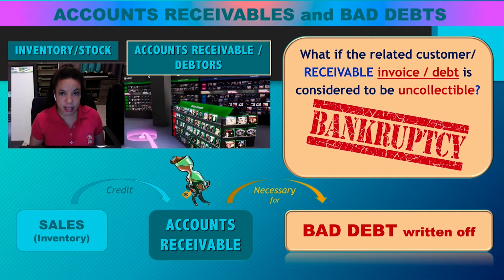So for a business, the business will weigh the cost and the benefits, and it might be wasting their valuable time and resources going after that debt, especially if the debtor or receivable is bankrupt. Now, another thing, when we say that a receivable is bankrupt, this is a legal thing. Not just anybody can come and say, hey, I can't give you your money because I'm bankrupt. No, bankruptcy is ordered by the court.